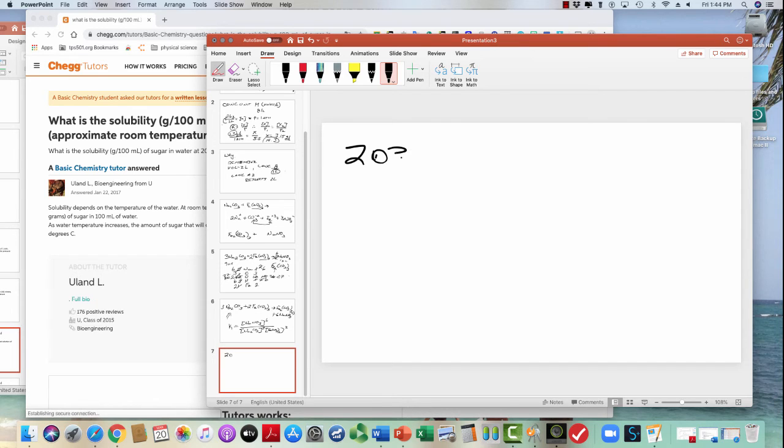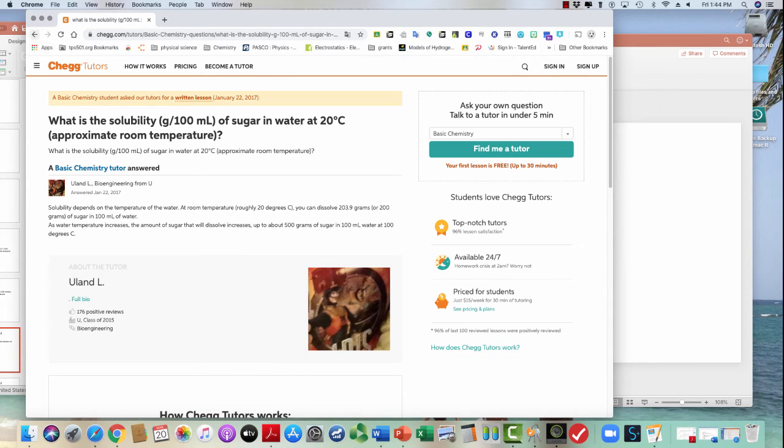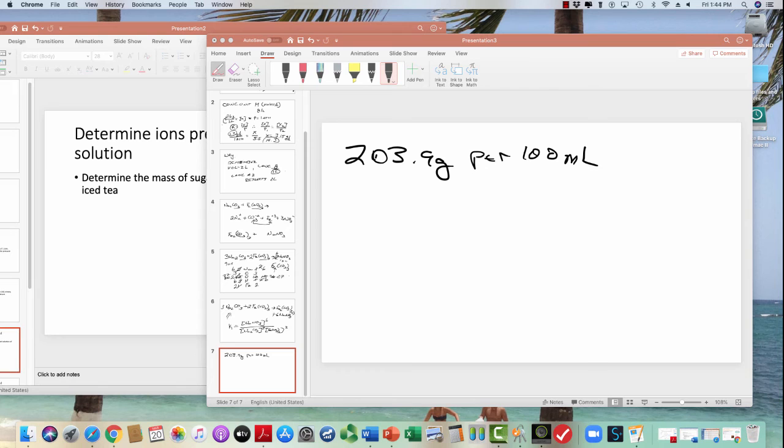So the solubility, if we move over here, is 203.9 grams per 100 mLs of water. Let me go back to that.